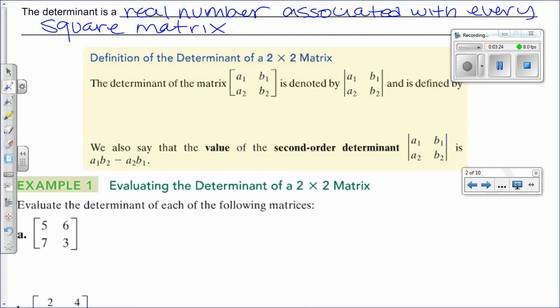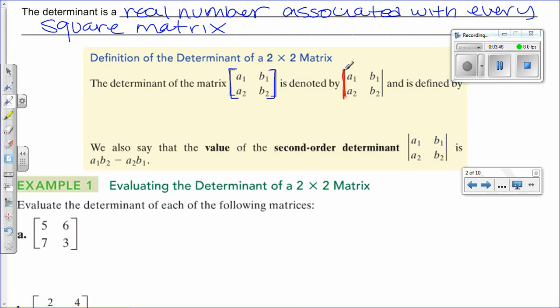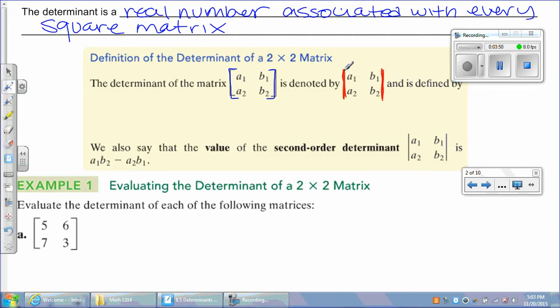And we have here the definition of the determinant of a 2 by 2 matrix. Finding the determinant of a 2 by 2 is fairly easy. Remember, the symbol for a matrix is the bracket, and the symbol for a determinant is just simply 2 vertical lines, like you can see here. So it is defined by the following.